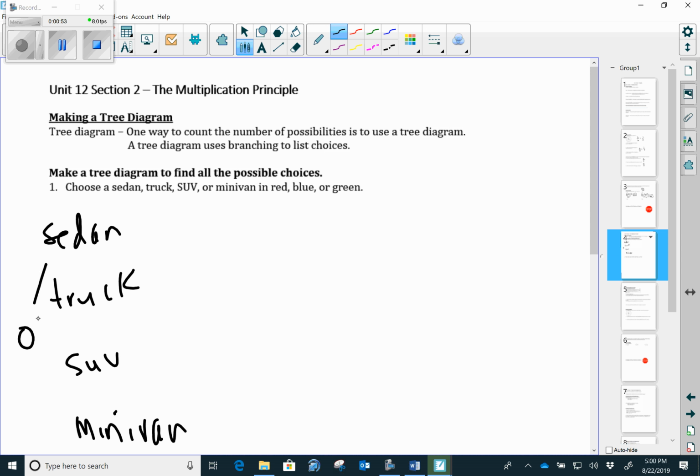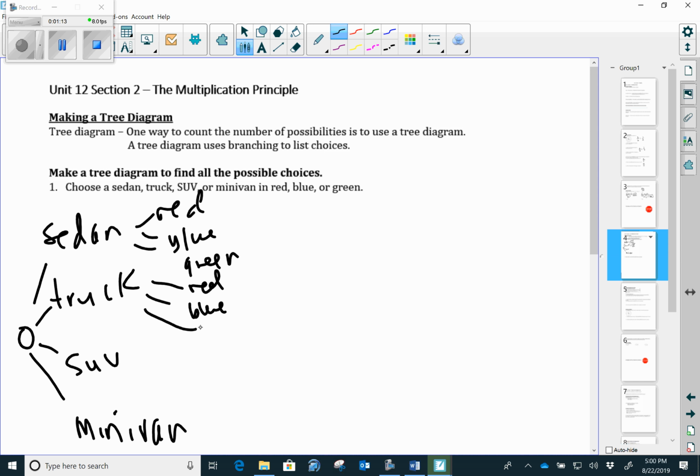And then you have 3 possible choices. So I can have a red, a blue, a green. Red, blue, green. Red, blue, green.